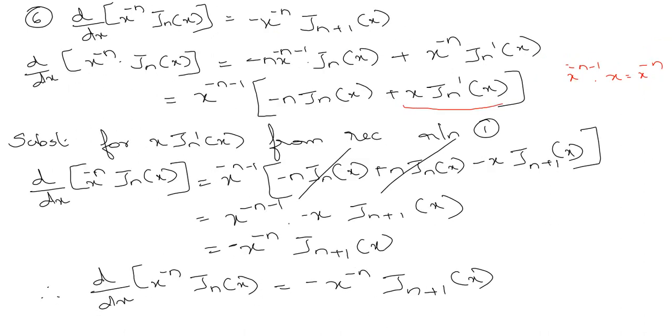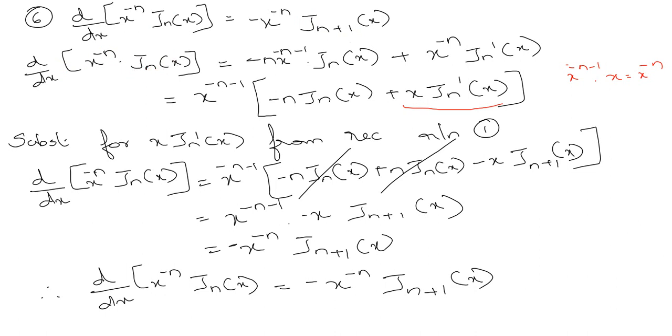Now the last one is d by dx of x raised to minus n into Jn of x is equal to minus x raised to minus n into Jn plus 1 of x. In order to get this recurrence relation also, we are taking the LHS, which is d by dx of x raised to minus n into Jn of x.